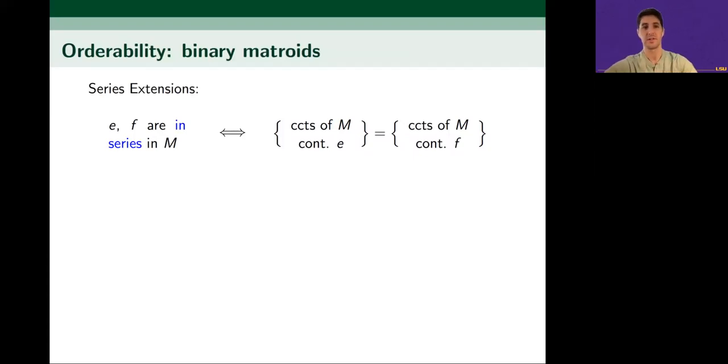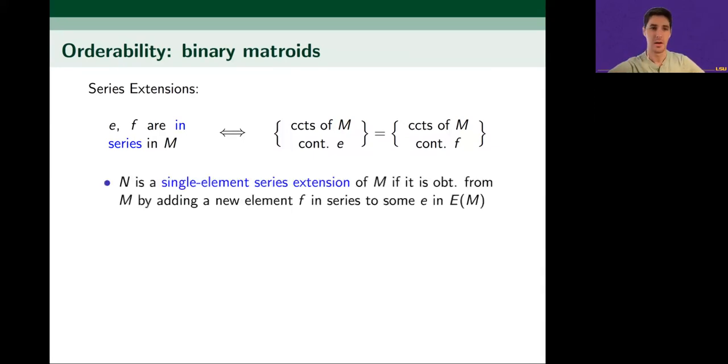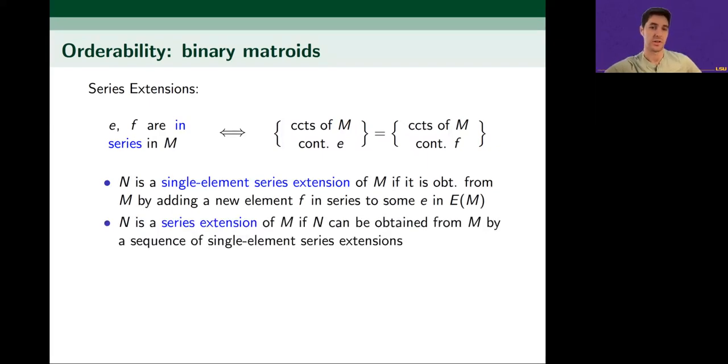So the way to think of series extensions, particularly in the context of orderability, is that 2 elements are in series exactly when they belong to the same set of circuits in the matroid. So this is, I think, standard. A single element series extension means that you've added an element in series to another, and a more general series extension means that you've done some sequence of these single element series extensions.